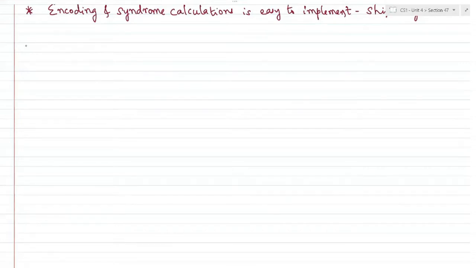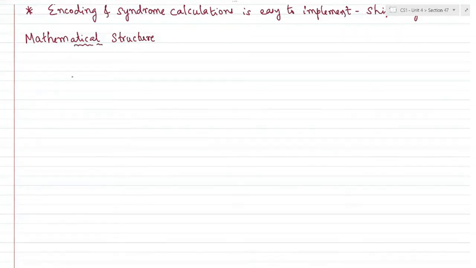The mathematical structure of cyclic codes is simpler.